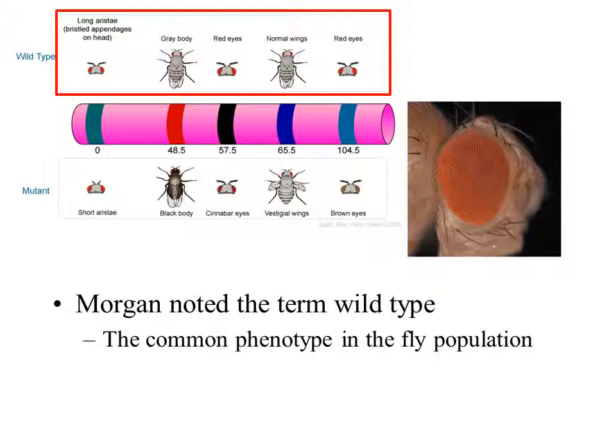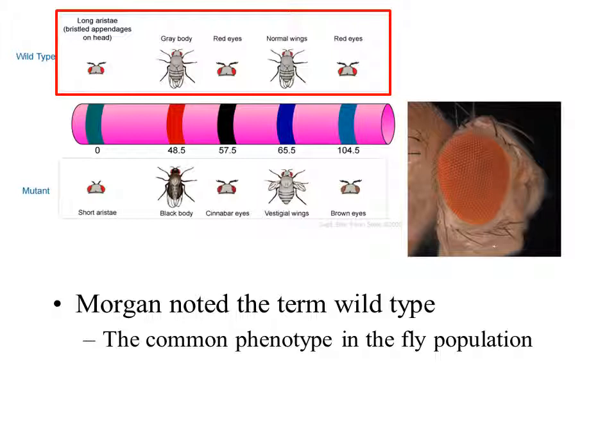So let's look at Morgan's experiment with Drosophila. Morgan noted the term wild type, the common phenotype in the fly population.